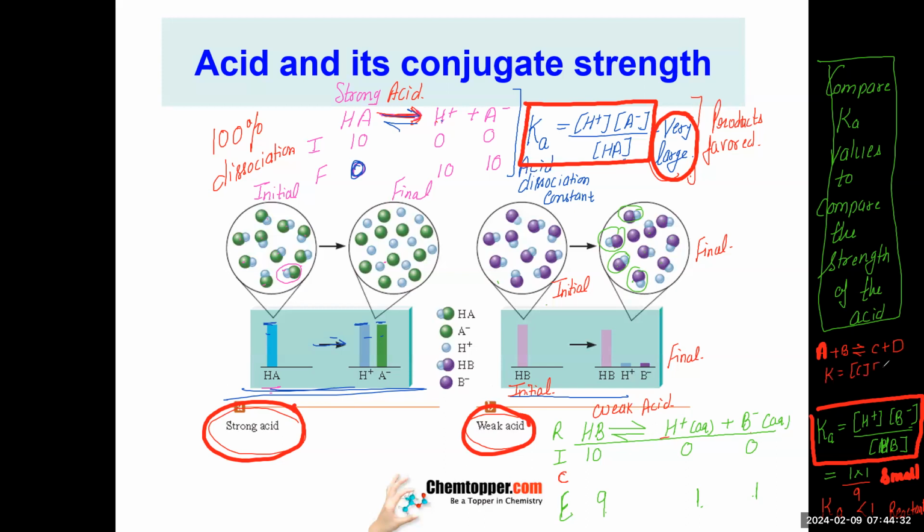Concentration of C times concentration of D over concentration of A times concentration of B. This K is also the same thing, but now because it is for acid, we call it Ka. Products over reactant, concentrations in molarity. It is always in terms of molarity. You're going to do many questions in which you'll be using this expression. Afan, so we are going to use this formula to calculate Ka or to calculate H plus.